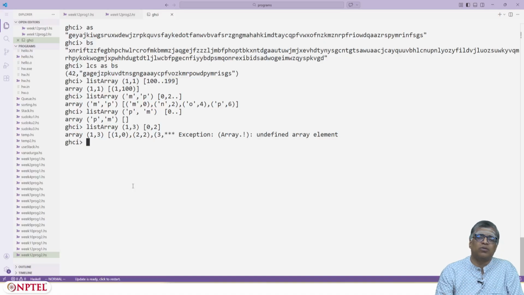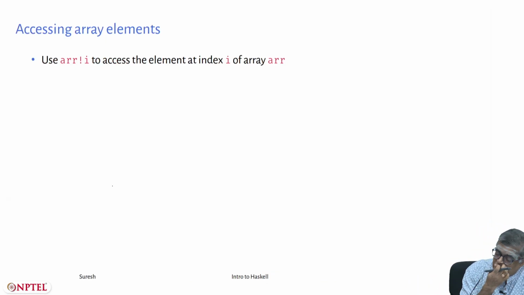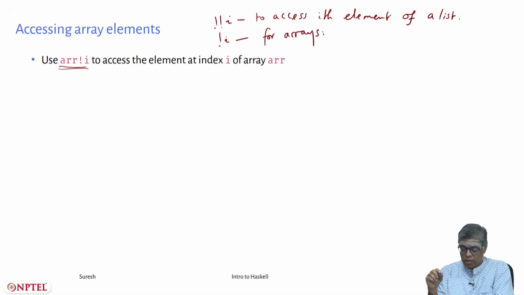Okay, let's get back to the slides. So this is important. To access an array element, you will use the array with a single bang, double bang i to access the element at index i. Okay, great.